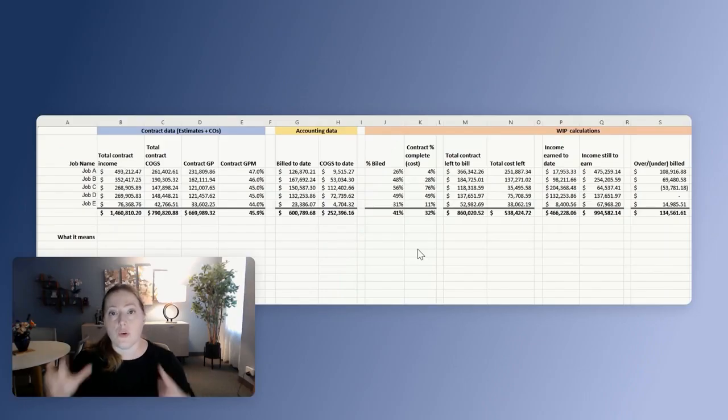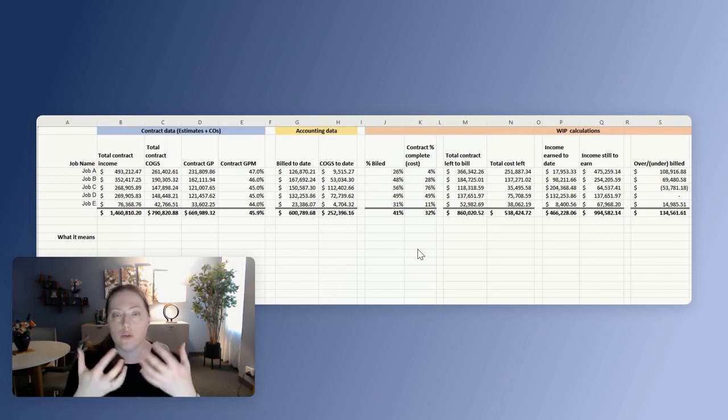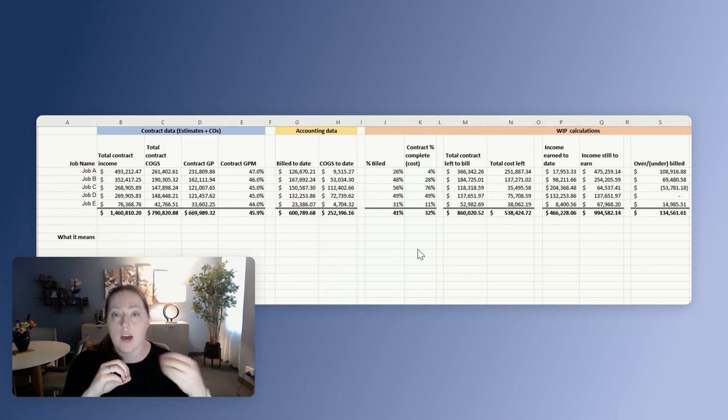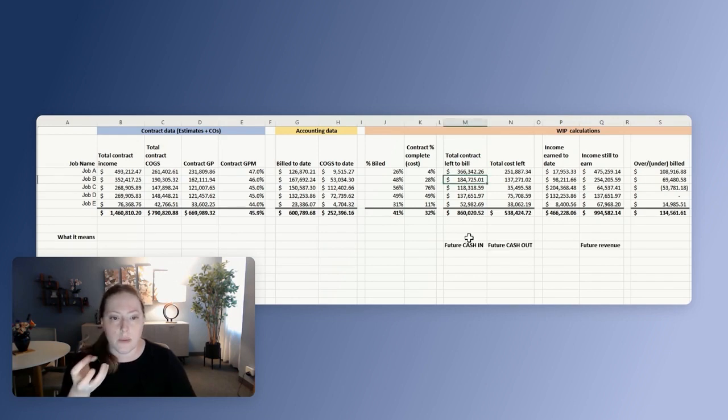So now that we've gone through all these sections in a work in progress report, I want to give you a particularly useful tool when you're looking at your work in progress report and trying to make decisions about your business and where you are going to be in the future. It's a very good indicator of how your business is going to do in the future versus how it's doing right now. Each one of these sections also means something.